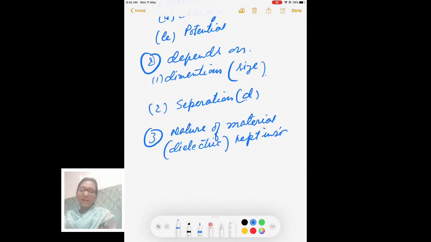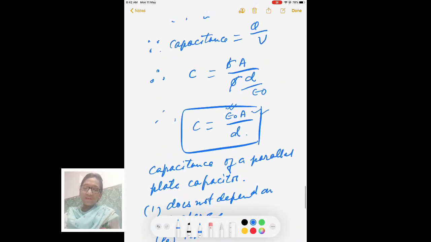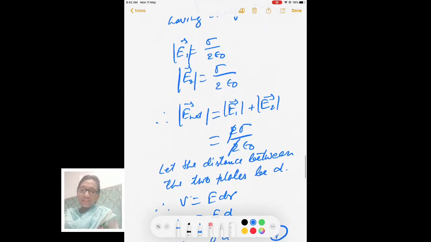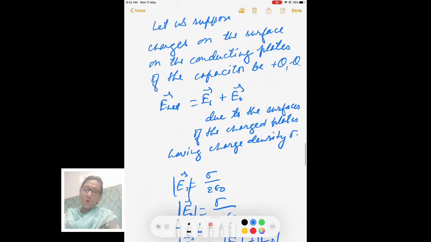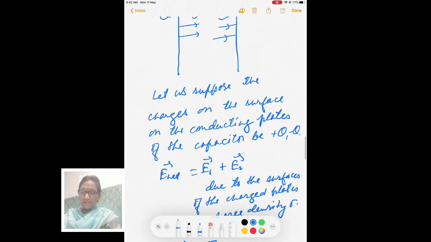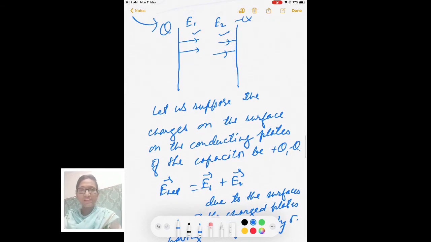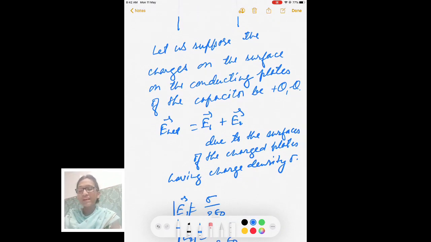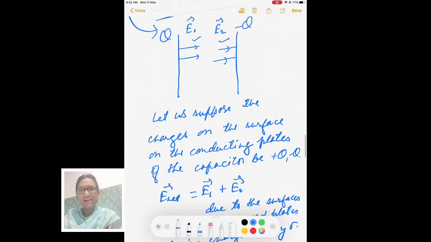So when you have air in between, which has a dielectric constant different than other materials, then it will have different capacitance. Suppose you take some other dielectric material like plastic or rubber, then it will conduct differently, and its capacity will be different.